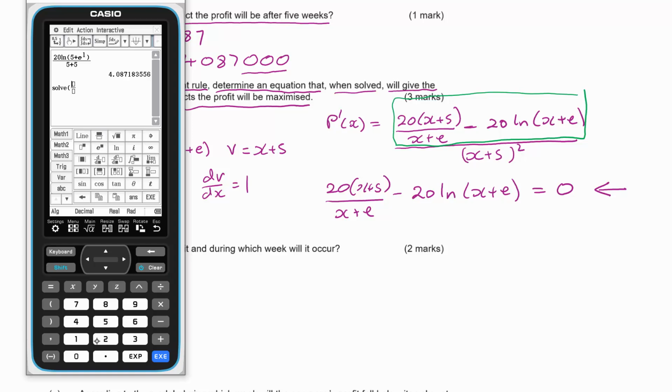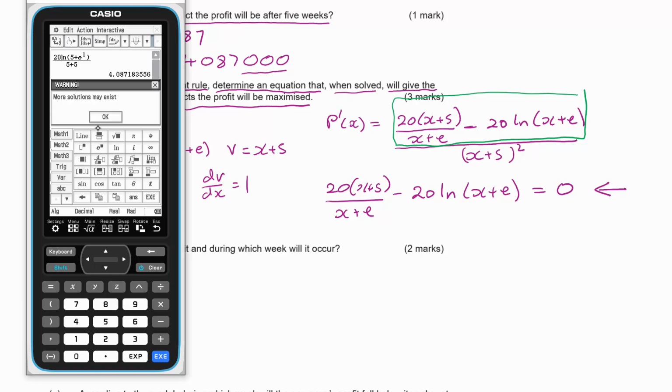And I've got 20 times X plus 5 over X plus E, take away 20 natural log of X plus E, and that's equal to 0.